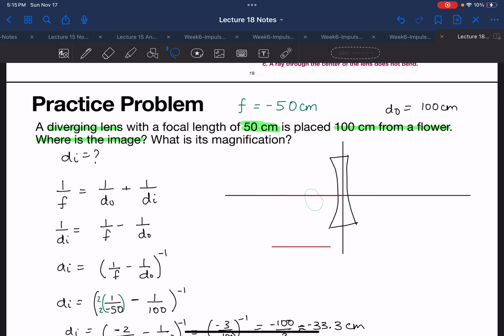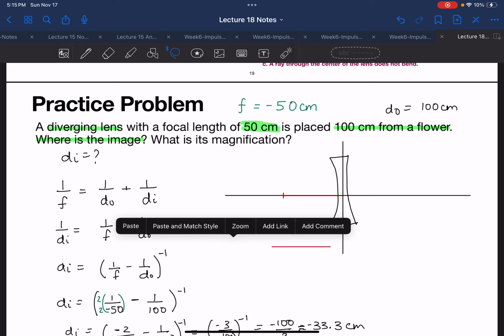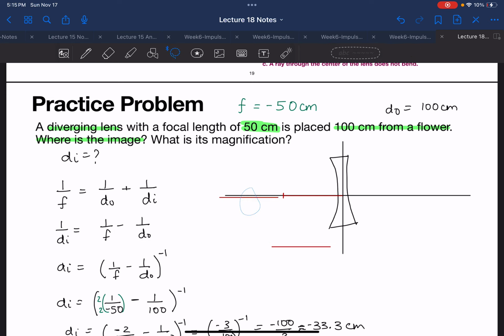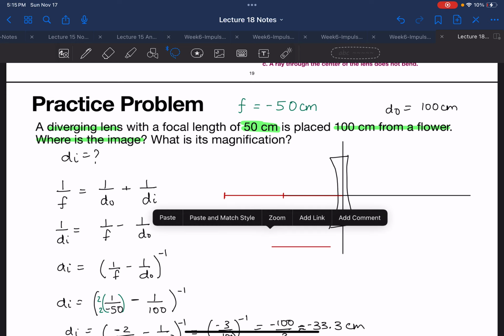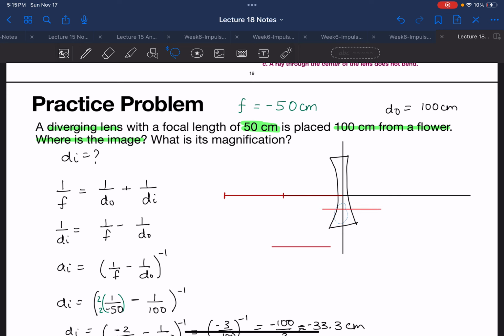So there's 50 centimeters. I'll put a tick mark here. Then another 50 centimeters. Okay, put a tick mark here. And then another 50 centimeters. Put a tick mark here. And then finally, last 50 centimeters.